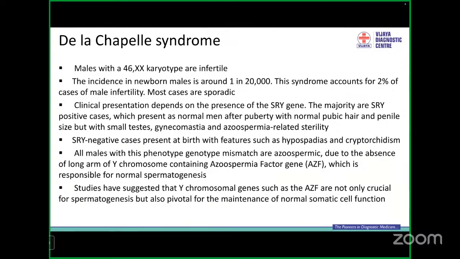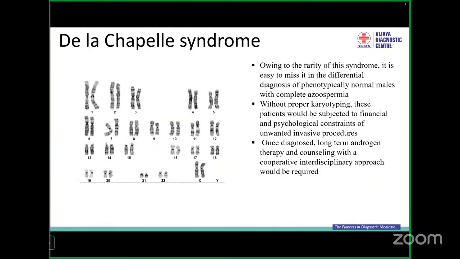So further evaluation is very important in such cases. This is how a karyotype looks in de la Chapelle syndrome, where it is again a classic female karyotype seen in males. The treatment again is based on the hormone evaluation, and a multidisciplinary approach is required to treat these patients. Without a karyotype, it would be very difficult, because going forward with assisted reproductive techniques without chromosomal analysis would subject the family to so much financial and psychological pressure.